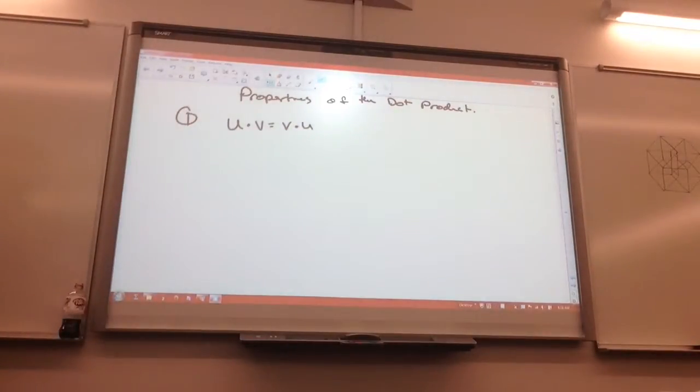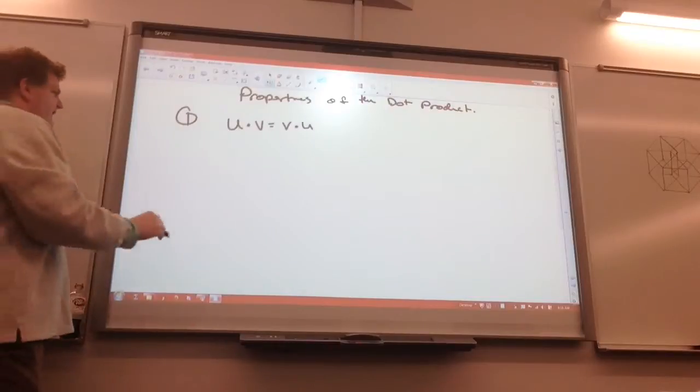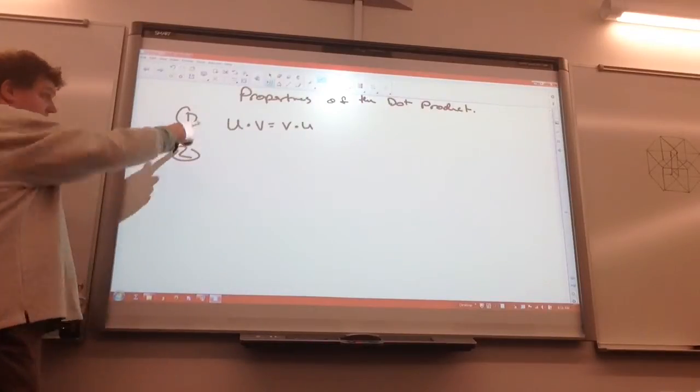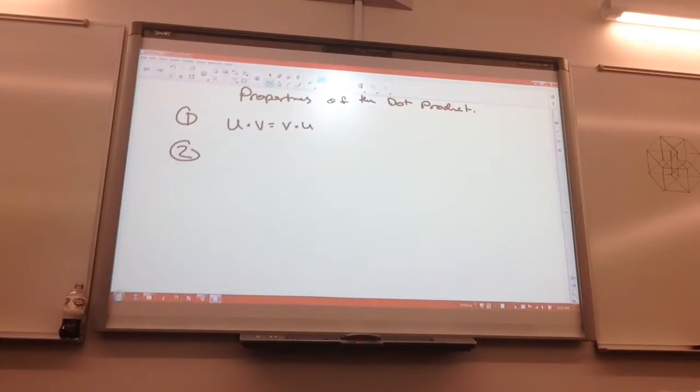Nice and useful. That's commutativity. Okay, it is not associative, which is something kind of interesting. And if you actually sit down and write out why it's not associative, it makes perfect sense.